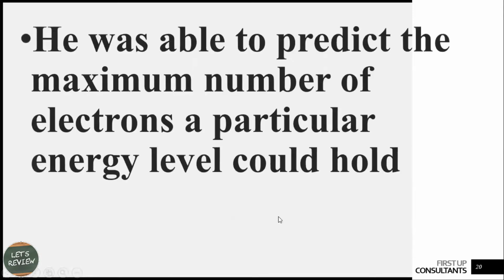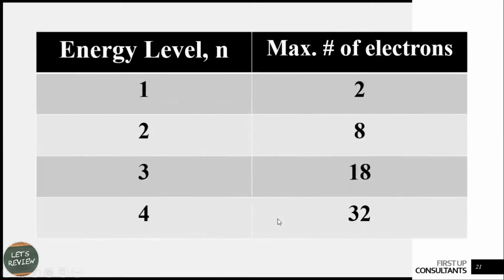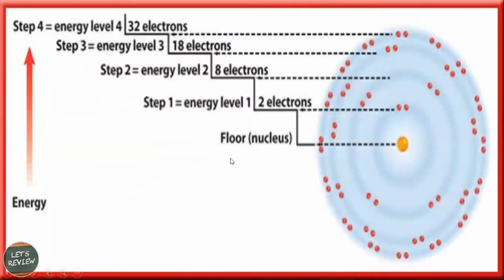He was able to predict the maximum number of electrons a particular energy level will have. For example, the first orbit may only hold 2 electrons, that's the maximum number. The second orbital can hold 8, the third is 18, and the fourth is 32, like in this example.